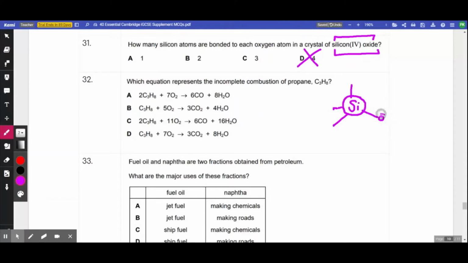What you find is that in between each of these arms, I should have that as a straight line. I want to be able to show you that correctly. Here we go. Between each of the silicon atoms is an oxygen. So I'm going to do an oxygen here.